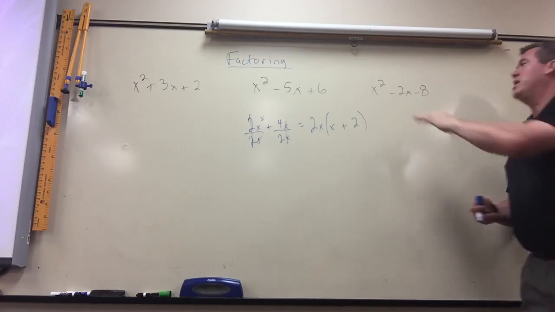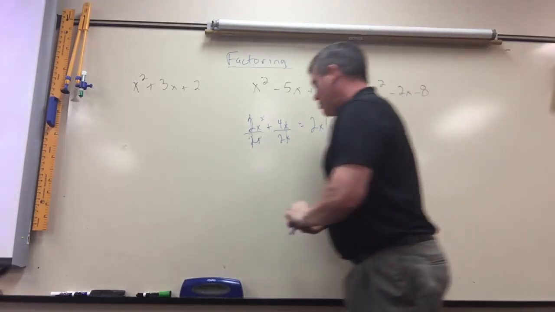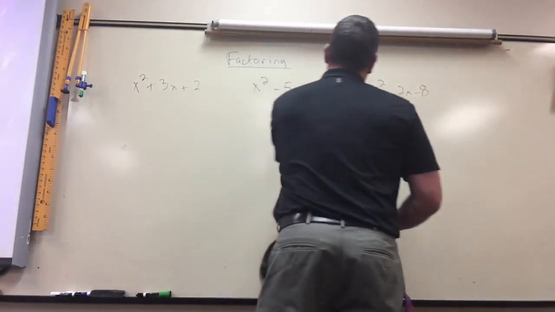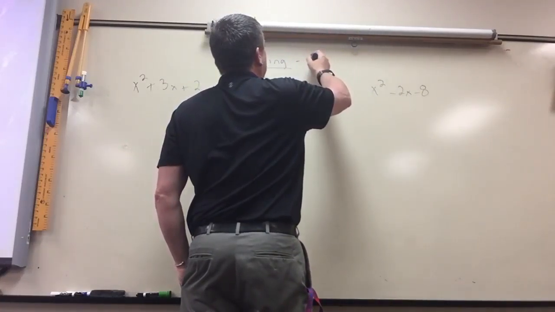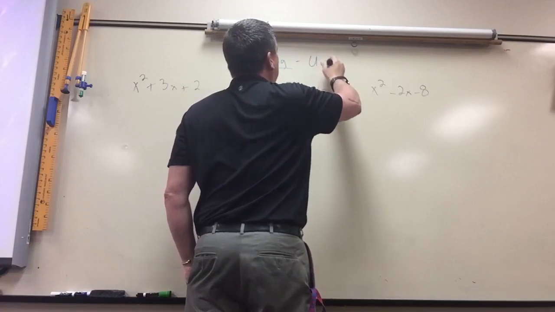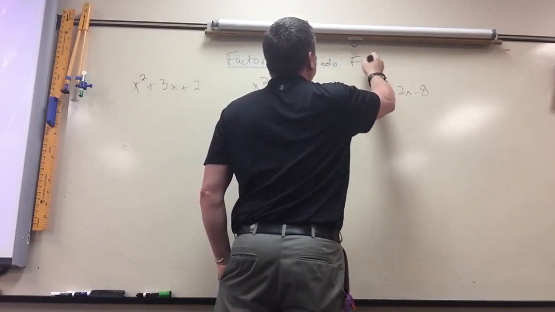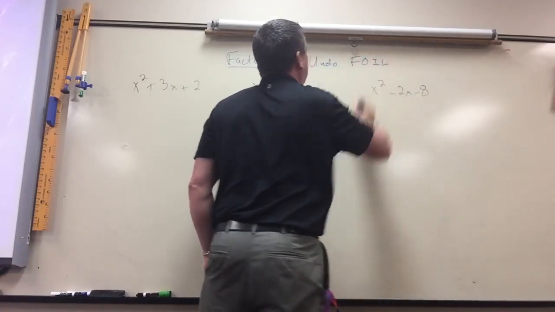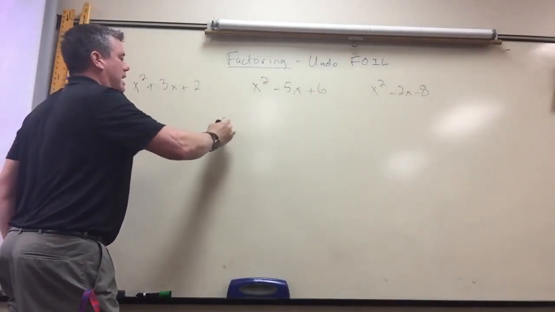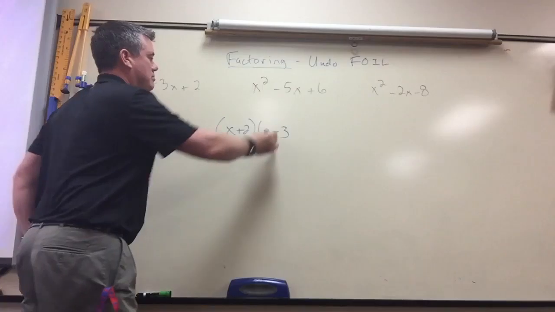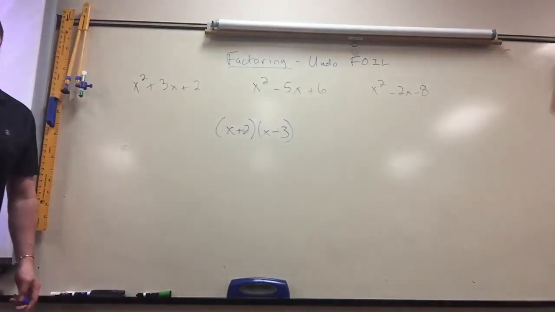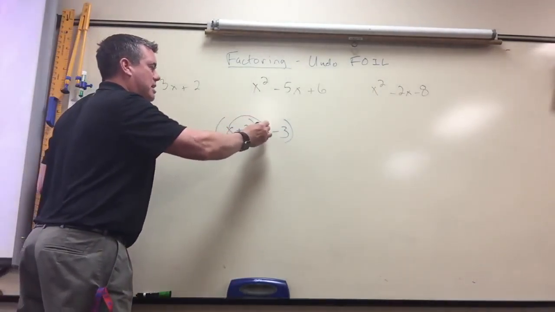Now, the ones with the trinomials. What you do on this factoring is you undo FOIL. When we had x plus 2 times x minus 3, and you had to multiply it, you took the x times both of these.